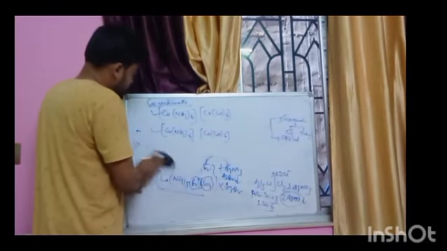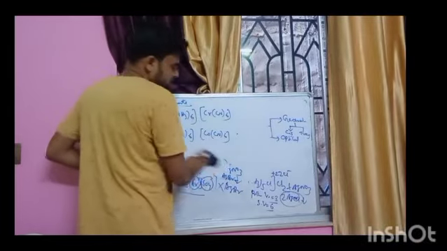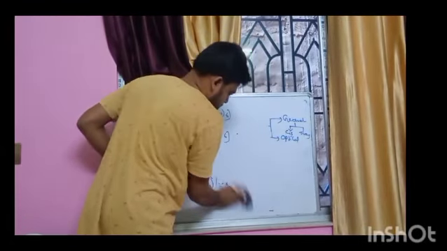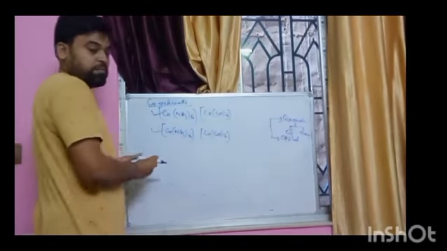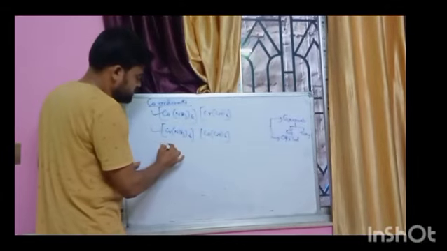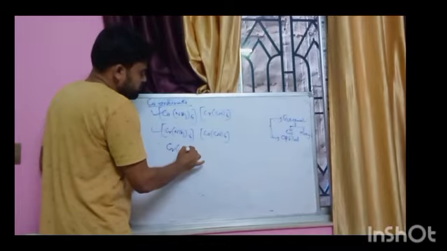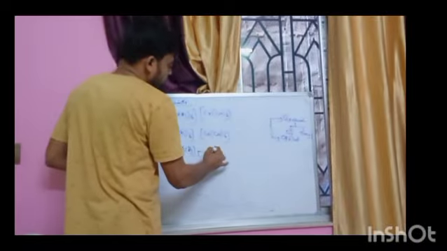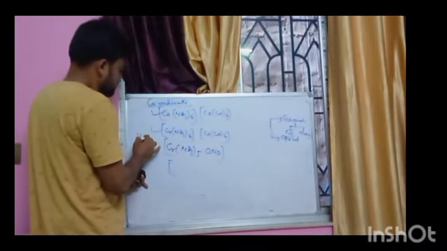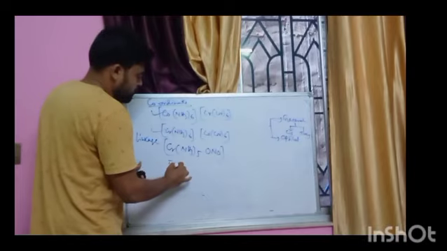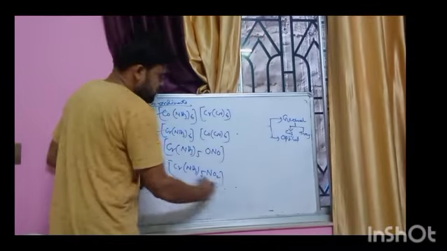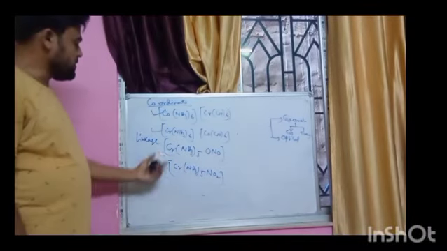Now let us take an example of linkage isomer. Here [Cr(NH3)5ONO] and [Cr(NH3)5NO2]. Here the linkages are different.